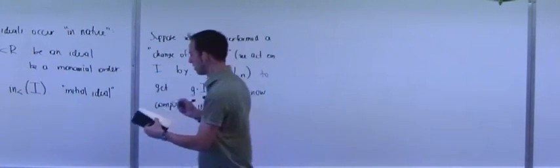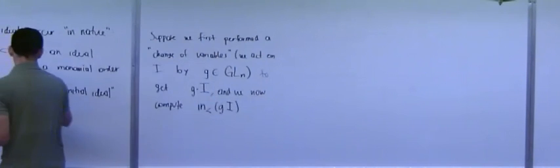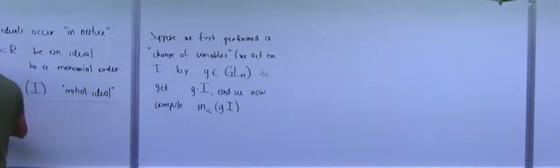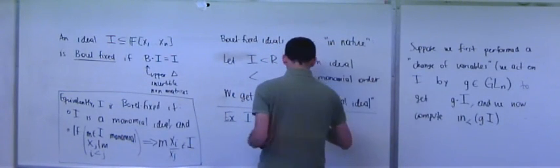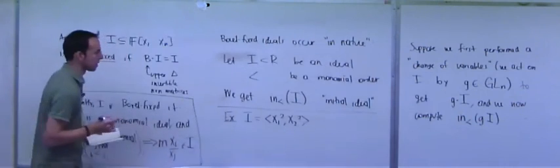So maybe the ideal that I had here was generated by x1 squared and x2 squared.